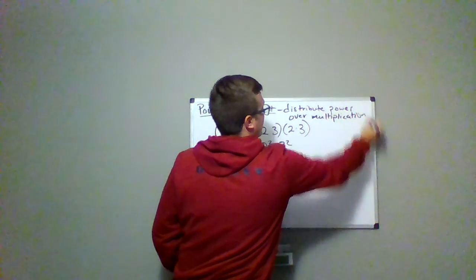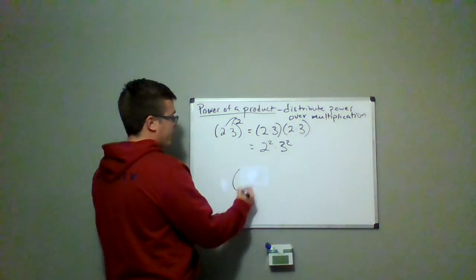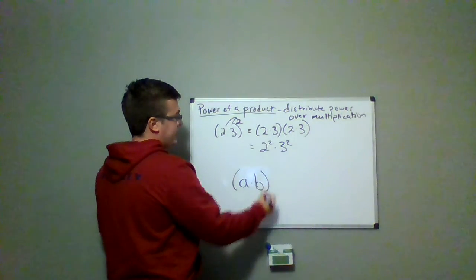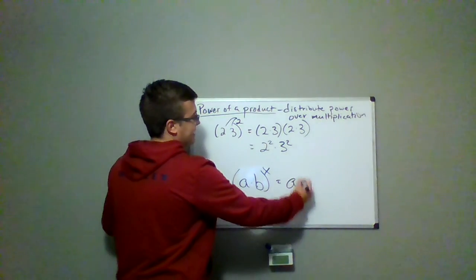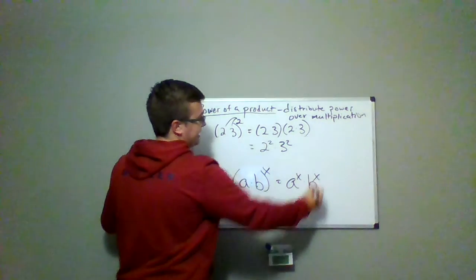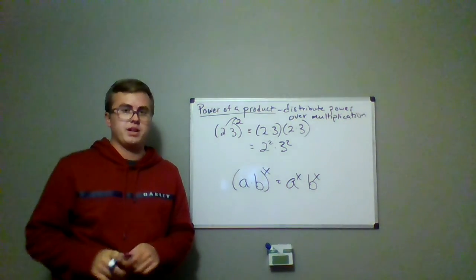So my symbolic way of putting that one is if I have a times b to the x power, then that's going to be a to the x times b to the x, where a and b are two totally different numbers.